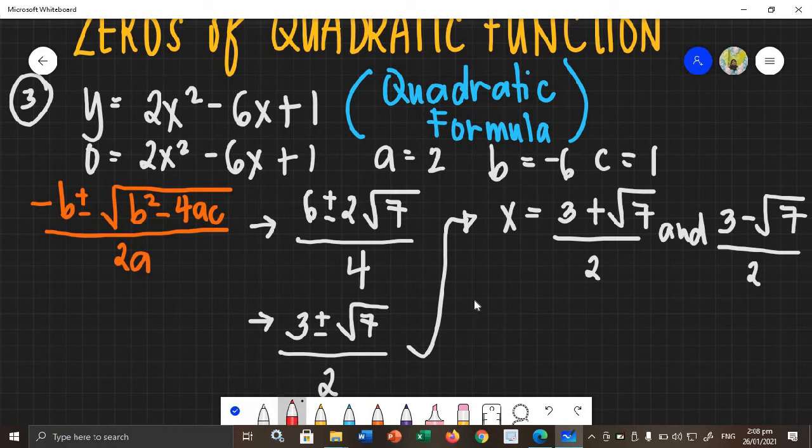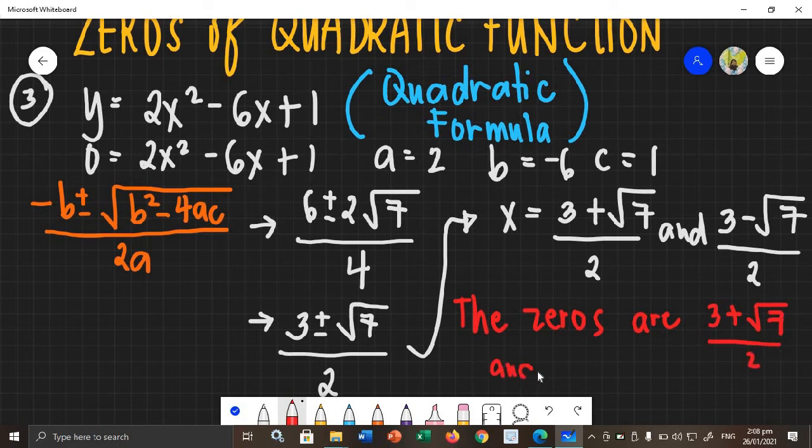Kaya, dapat yung paggamit ng quadratic formula, last resort, kasi ang haba niyang gamitin. Okay, medyo mahaba yung magiging solution mo. So, the zeros are 3 plus square root of 7 over 2 and 3 minus square root of 7 over 2.